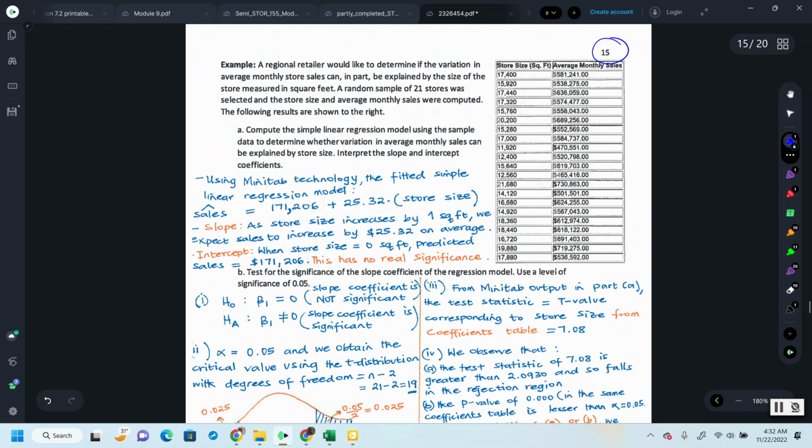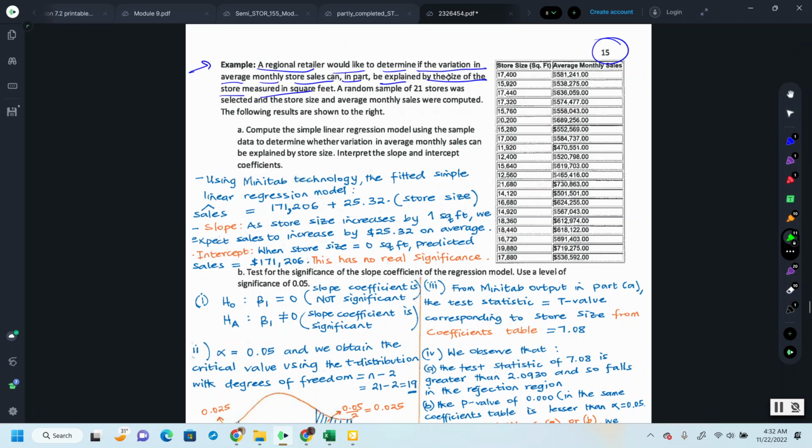Here we are on page 15. And for this example, we're told that a regional retailer would like to determine if the variation in average monthly store sales can in part be explained by the size of the store measured in square feet. In a nutshell, we have identified two numeric variables from this first sentence.